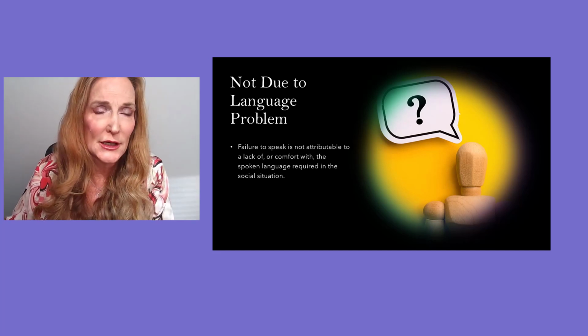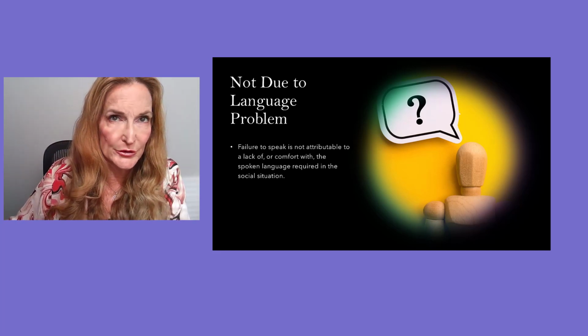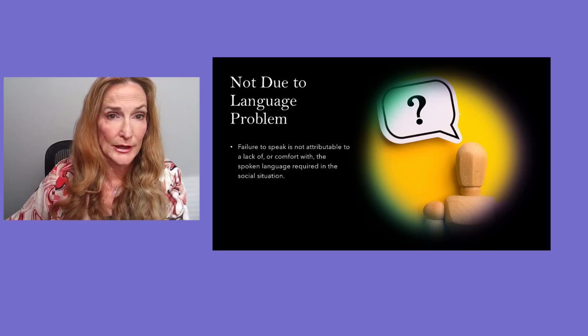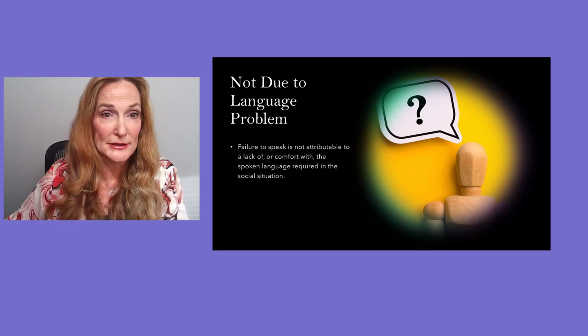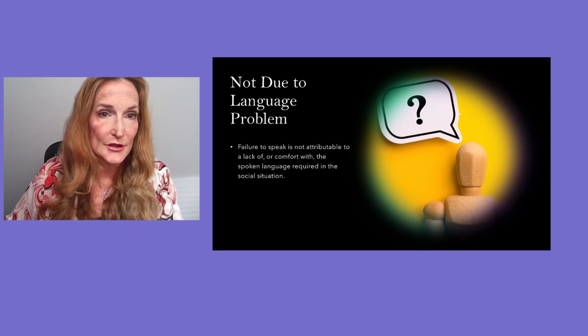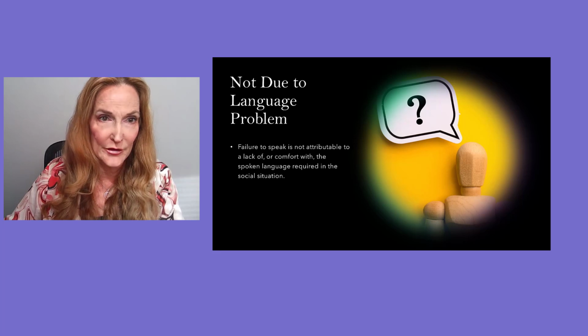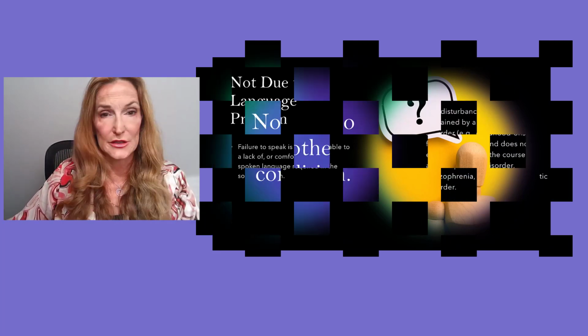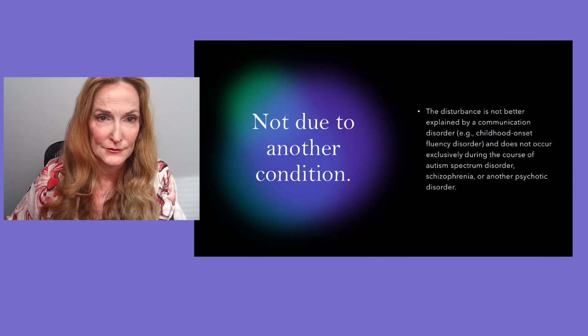This mostly applies to children who are speaking English or whatever the language is as a second language or not as a primary language. So it's very important to make sure that it's simply that they're not uncomfortable with whatever the spoken language is.